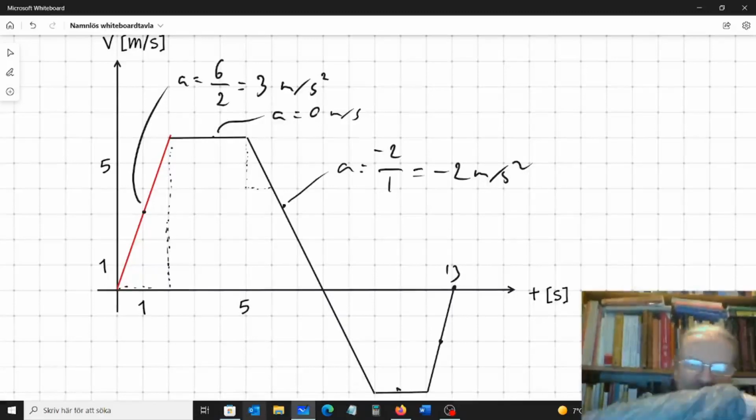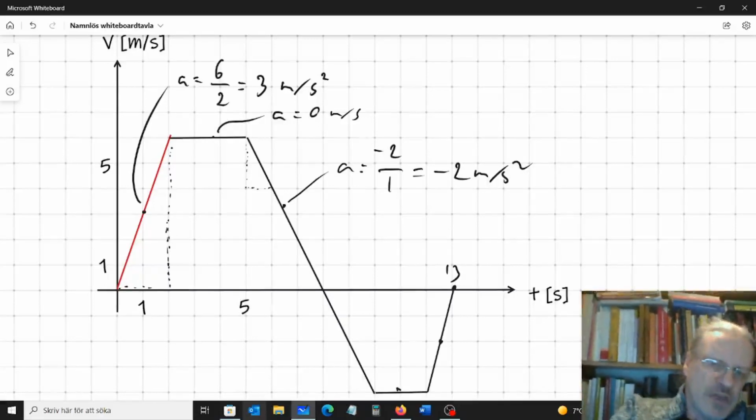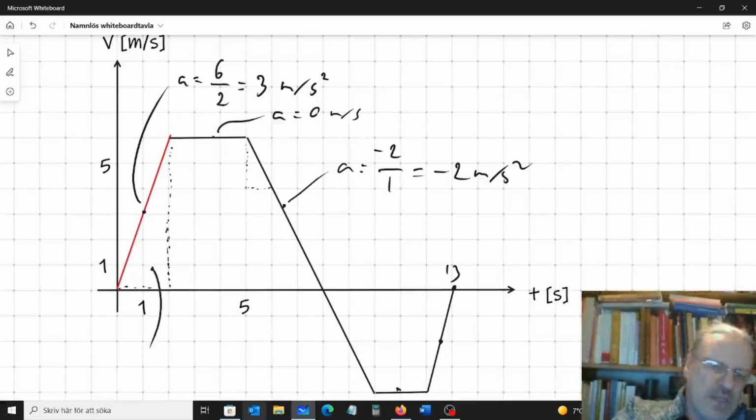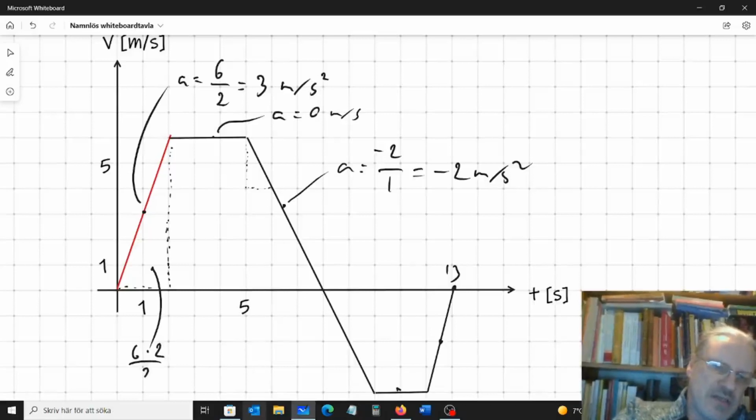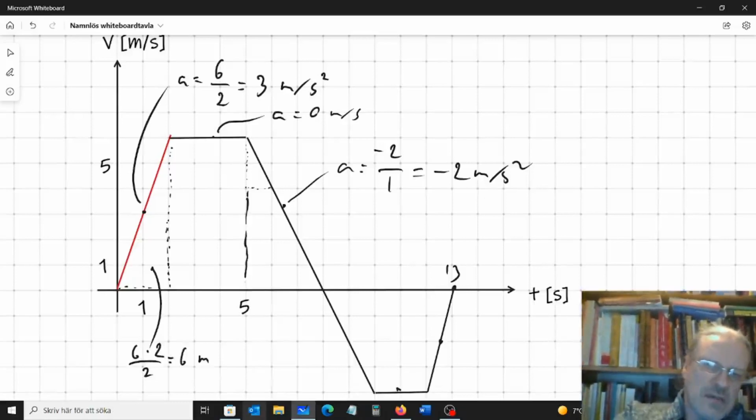So we can split this into triangles. The first one is already there. So the first triangle here would be 6 times 2 divided by 2. So that part will be 6 meters. Then we can look at this part.